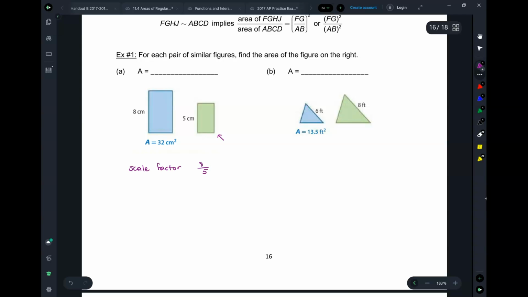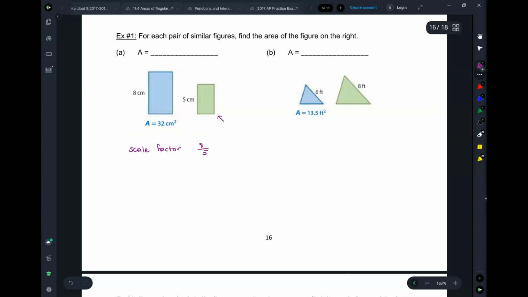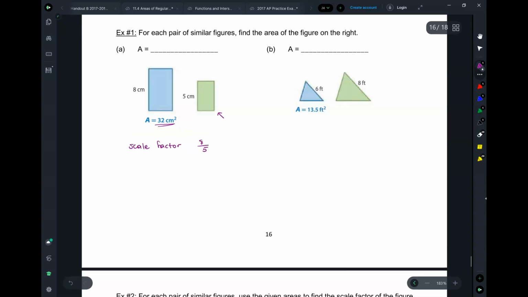But now when I want to compare the areas, I take the scale factor and I square top and bottom. So 8 squared over 5 squared is equal to the area of this one over the area of this one. So the ratio of the areas is the same as the square of the scale factor.